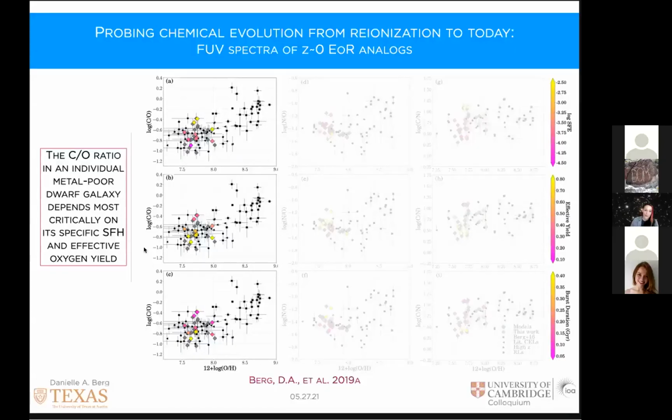And so we have carbon to oxygen here, color coded for these 10 galaxies we looked at by star formation efficiency on the top, the effective yield of oxygen in the middle, and the burst duration on the bottom. And so these trends suggest that the star formation efficiency is indirectly related to both the effective yield and the burst duration. And this makes a lot of sense once you start to think about it a little bit.